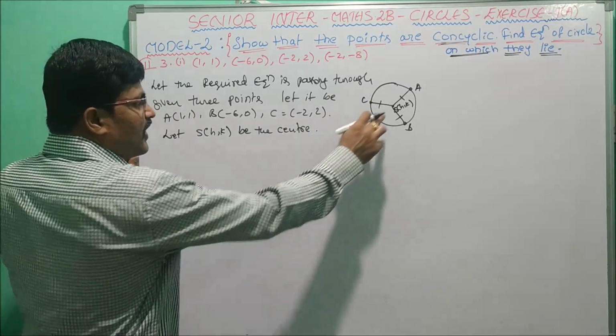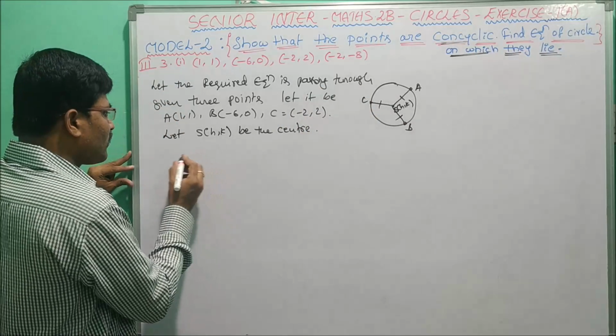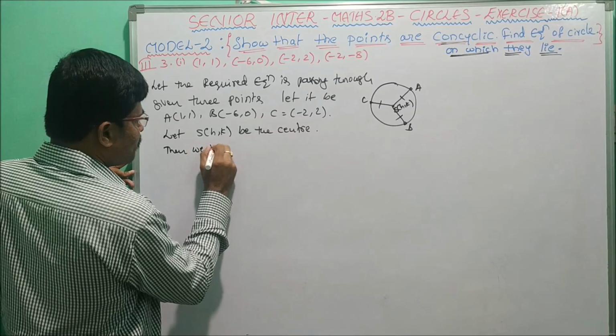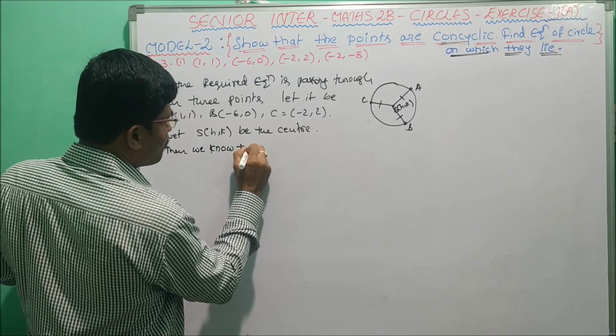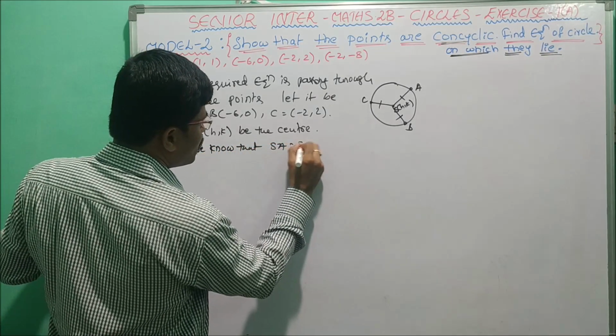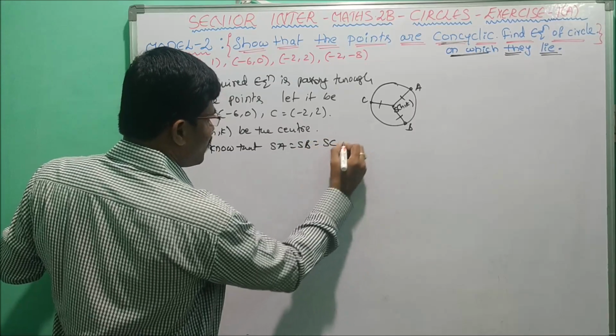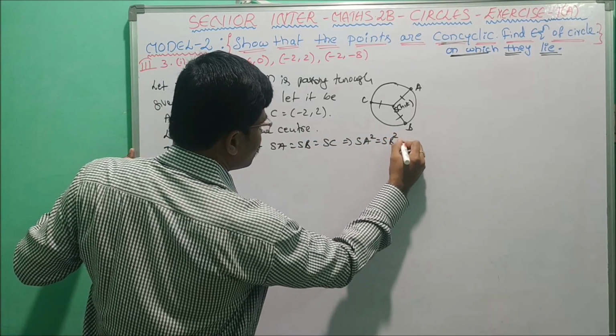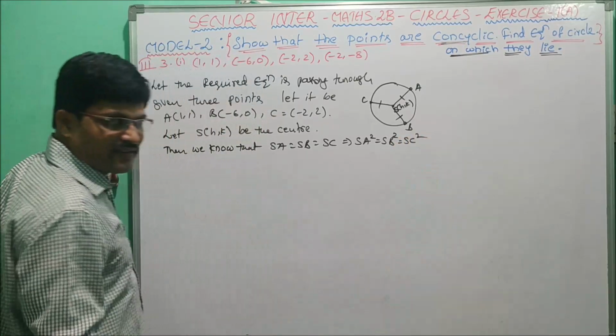Clearly we take SA equal to SB equal to SC using the circumcentre method. Then we know SA equals SB equals SC, which implies, squaring on both sides, SA square equals SB square equals SC square.